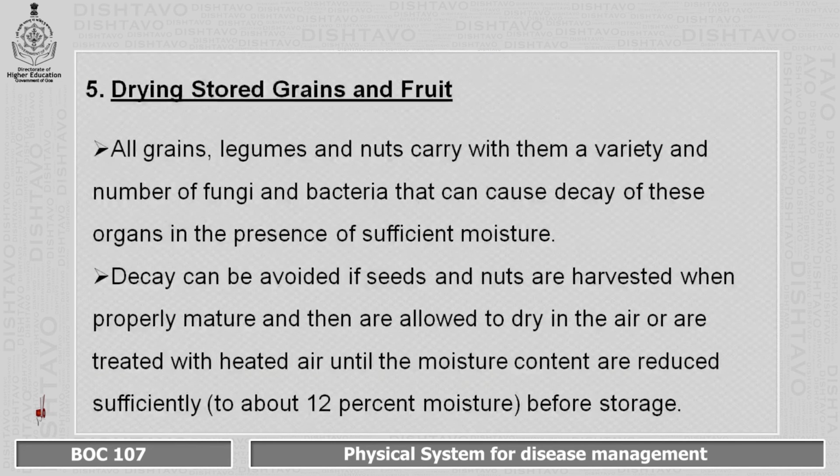Fifth is drying stored grains and fruits. All grains, legumes and nuts carry with them a variety and number of fungi and bacteria that can cause decay of these organs in the presence of sufficient moisture. Decay can be avoided if seeds and nuts are harvested when properly mature and then allowed to dry in the air or treated with heated air until the moisture content is reduced sufficiently before storage.